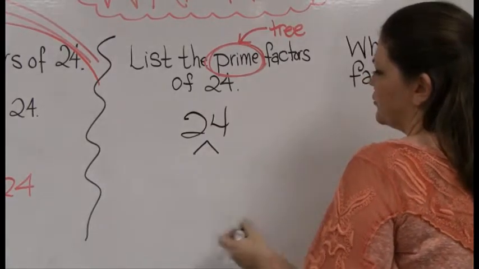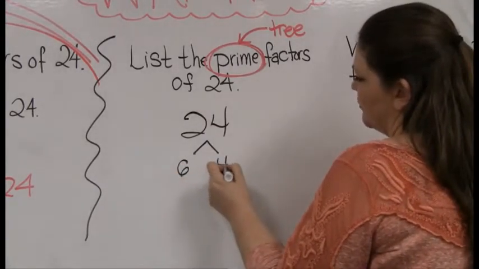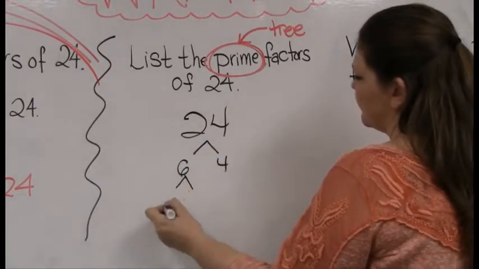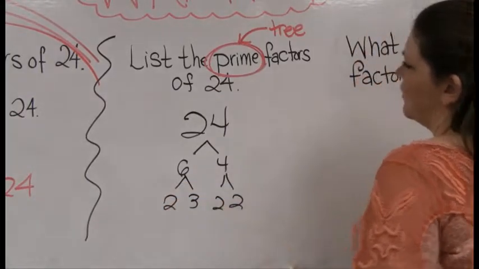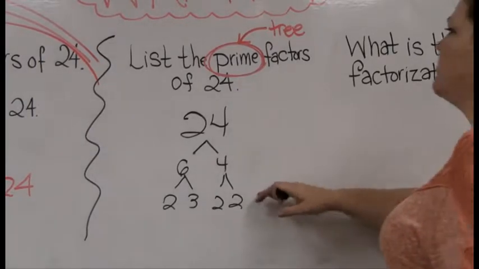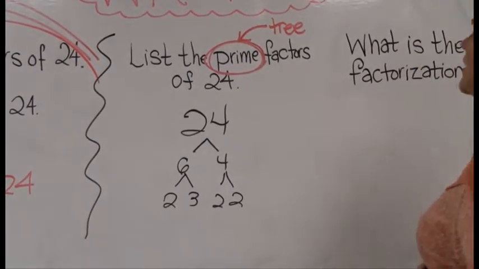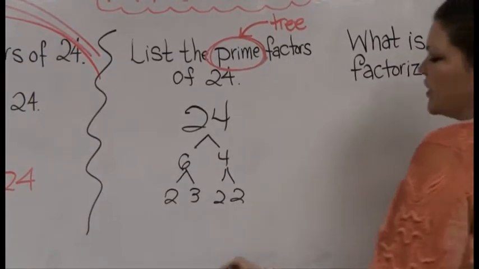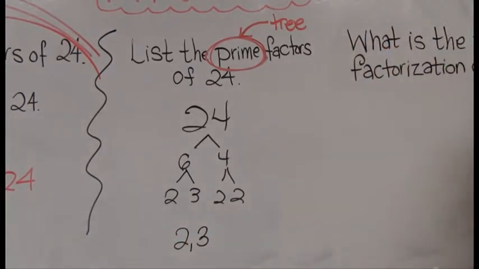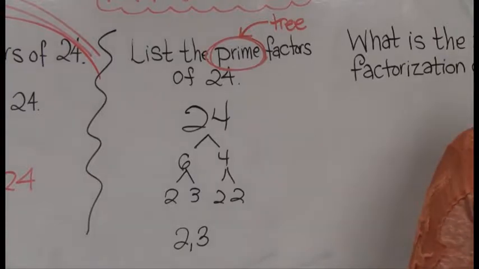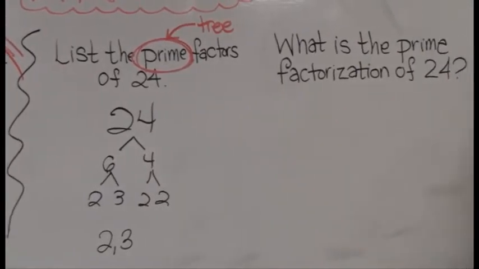And again, with a factor tree, it doesn't matter what factor you start with. I'll start with 6 times 4. I get 2, 3, 2, and 2. When I type these answers in, where I'm just making a list of the prime factors, I don't need to repeat, and I put commas between the numbers. See that?